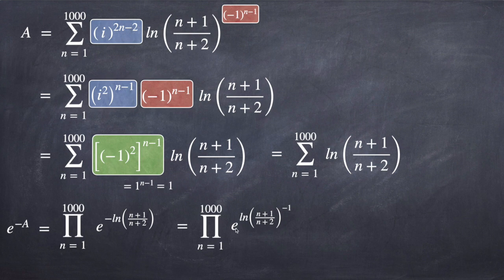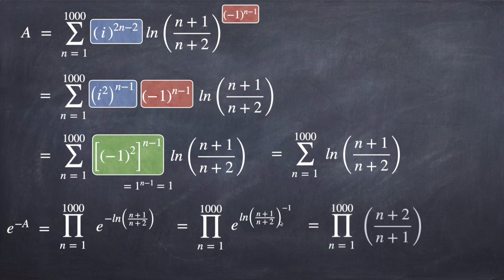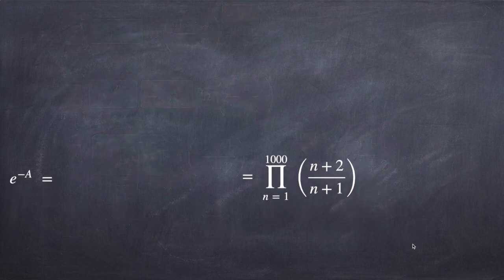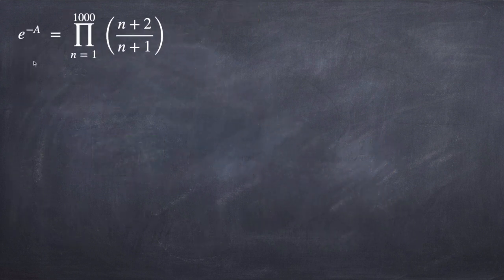And we also know that the exponential and the natural logarithm are the inverse functions of each other. So the result of that will be this argument here, which is n plus 2 over n plus 1. Okay, so the exponential of negative A is the productory of this term.